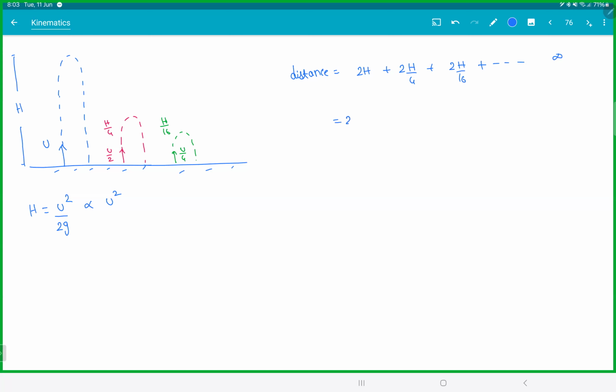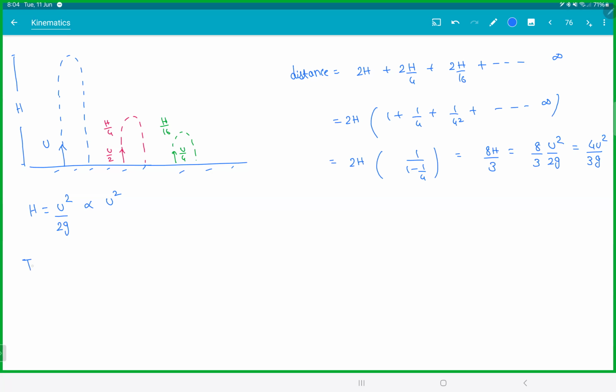If you take 2h common, you get a sequence 1, 1 by 4, 1 by 4 square, so on till infinity. We can use the infinite GP: you end up with 2h times 1 by 1 minus 1 by 4. That turns out to be 8h by 3. But we know h is u square by 2g. That answer is 4u square by 3g. That's your total distance.